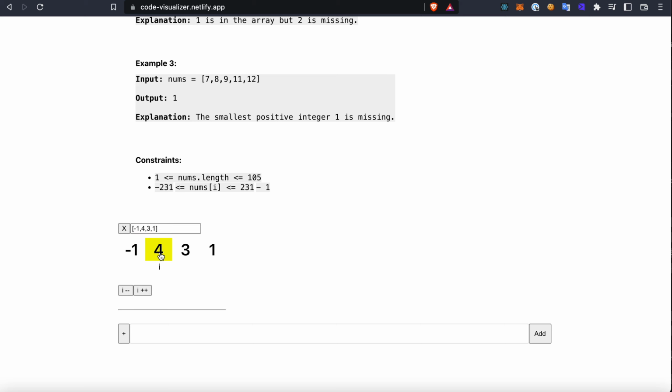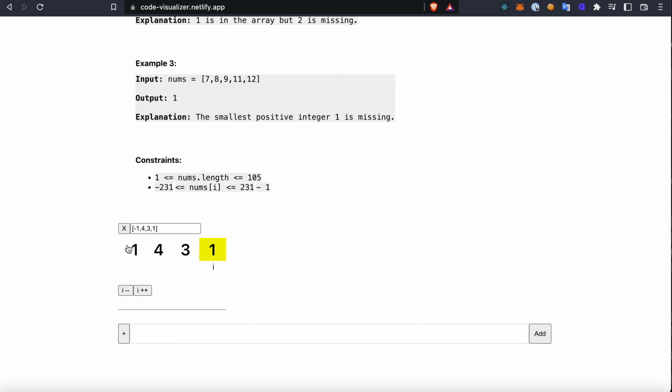And let's look at 4. 4 is also not at its correct location, but it's also greater than the number of values in the array, so we just skip it. 3 is at its correct index, so 2 plus 1 is 3, and 1 is not at its correct index.